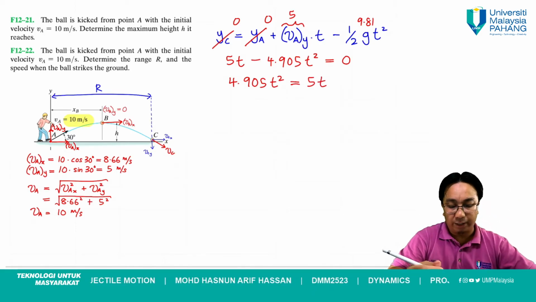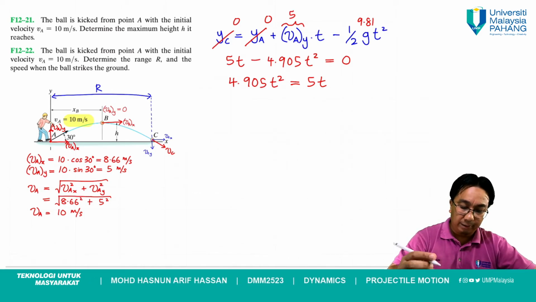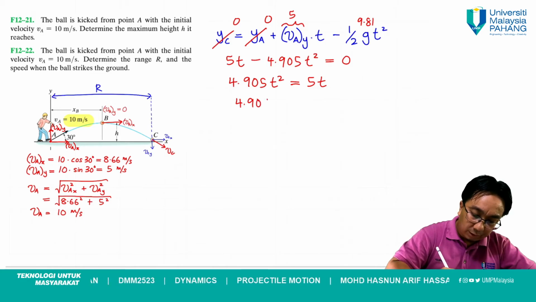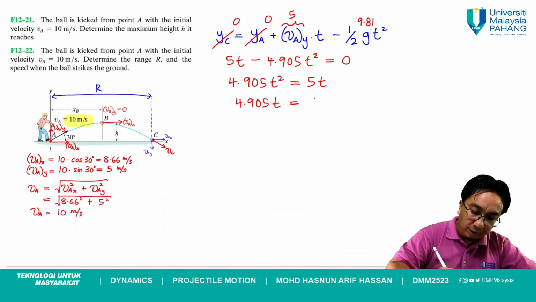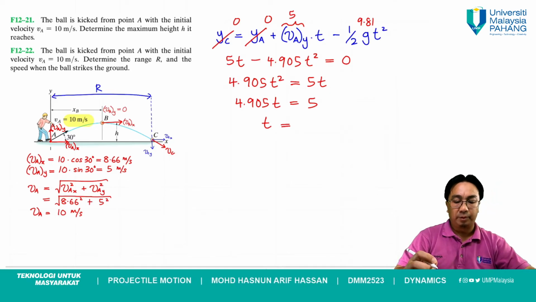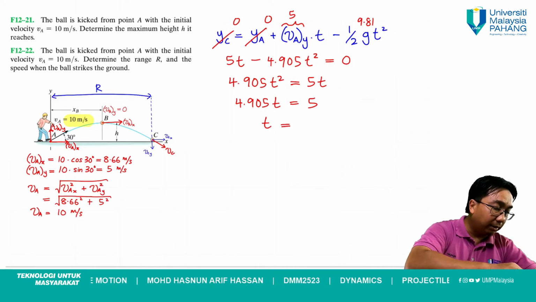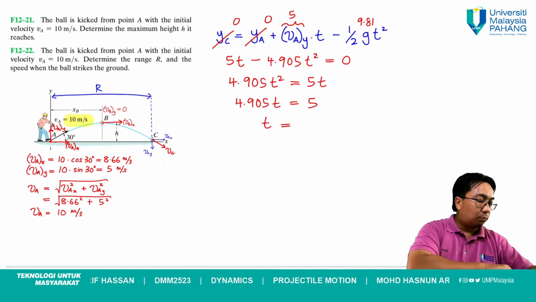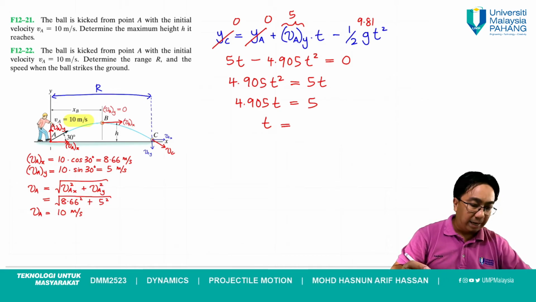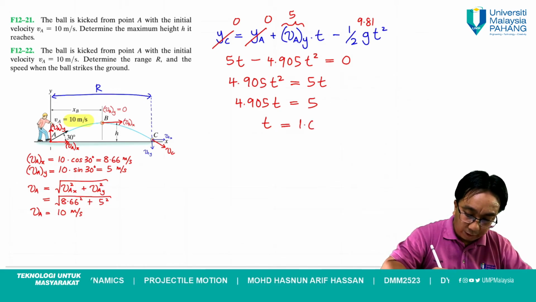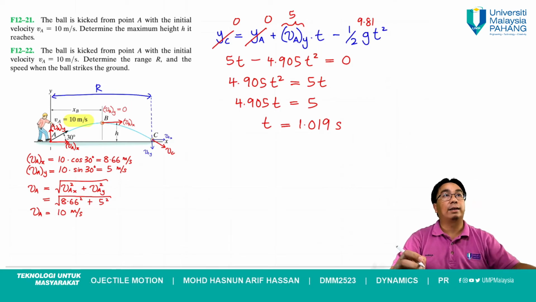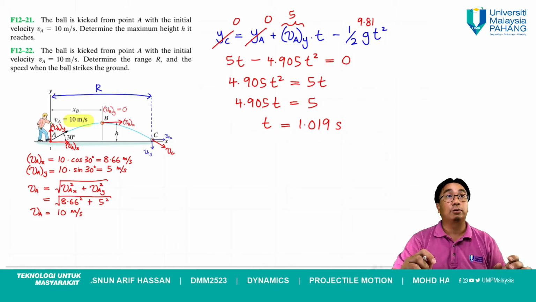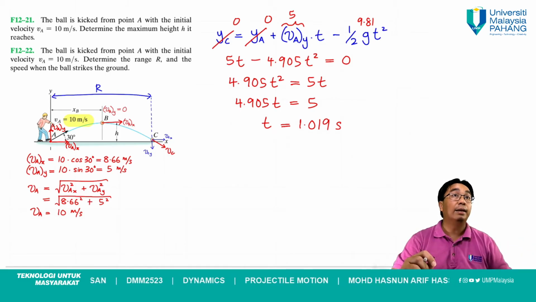Okay, and then you bahagikan dengan t kedua-dua side, kita akan dapat 4.905 t is equal to 5, and then kita boleh dapat value of t lah. 5 divided by this is then equal to 1.019 seconds. Unit t ialah second. Maknanya bola tu ambil masa selama 1.019 saat untuk travel dari A ke C.